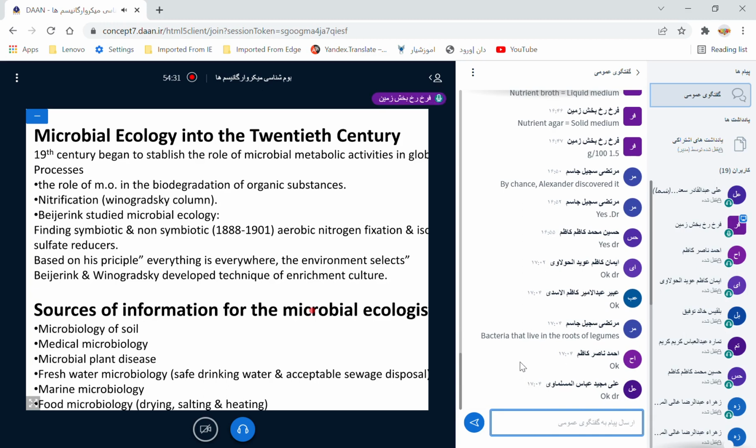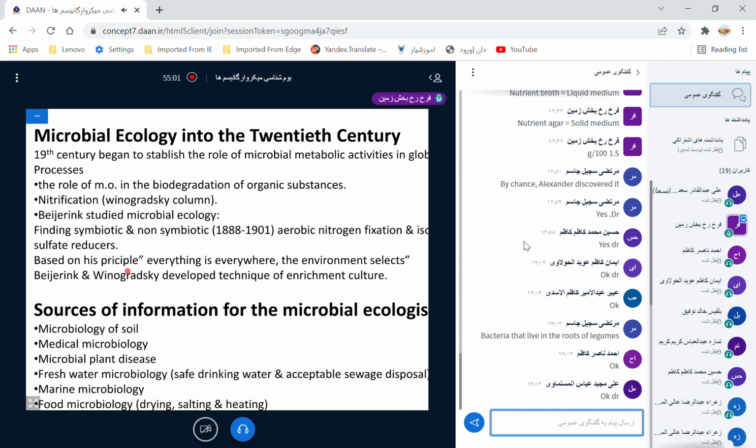They found some microbes are good for plants, and some of them are symbiotic. They live in the roots, inside the roots, around the roots, and they work as a fertilizer.